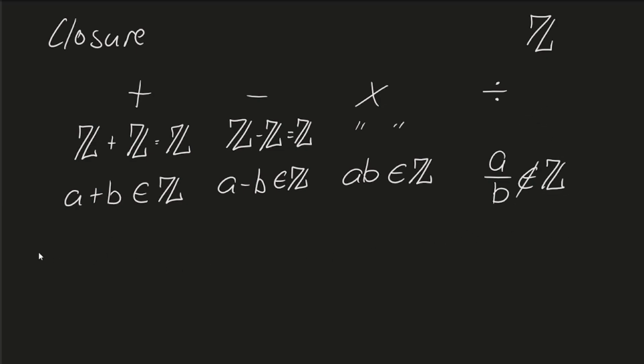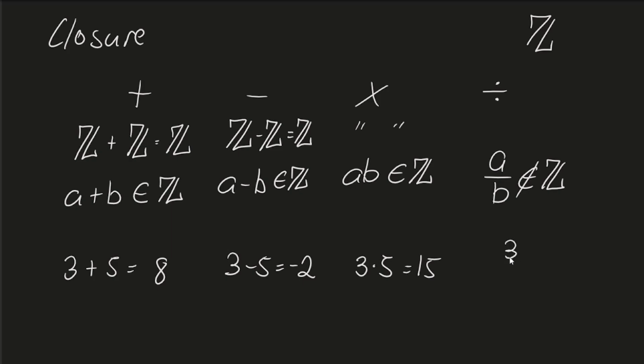An example of this, let's just take the numbers 3 and 5. 3 plus 5 is 8. 3 and 5 are integers. Their sum, 8, is also an integer. 3 minus 5 is equal to -2. 3 and 5 are integers, and -2 is also an integer. 3 times 5 is 15. 3 and 5 are integers, and 15 is also an integer.